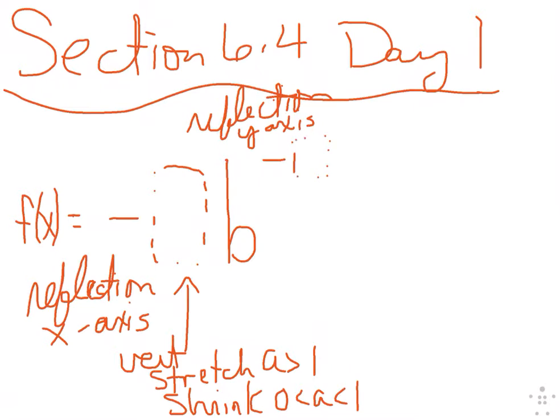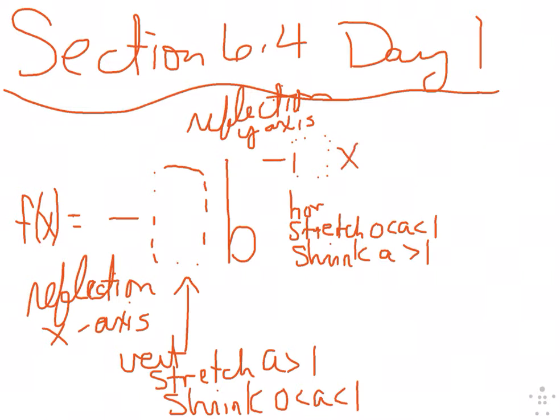What does that tell you? Good. Horizontal stretch if that number is between 0 and 1, and a horizontal shrink if that number is greater than 1. Then you will have an x.